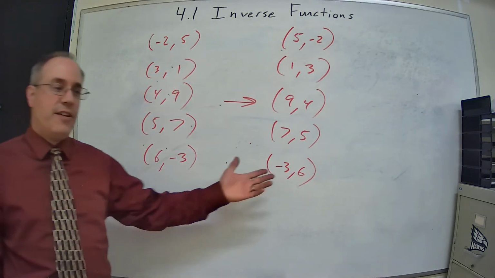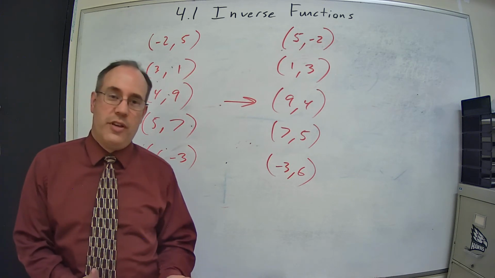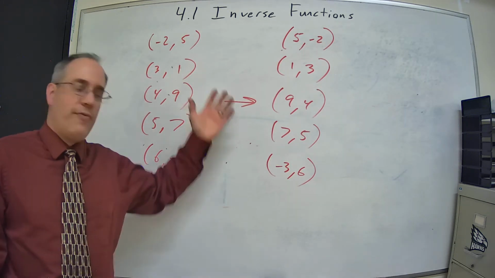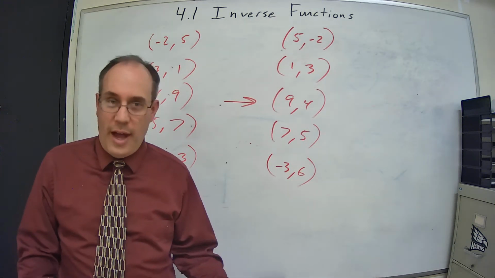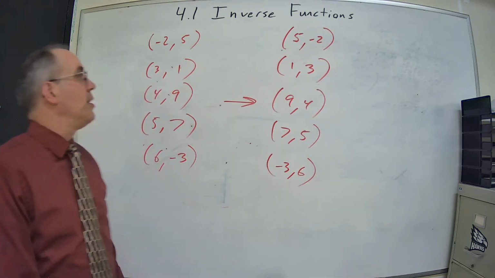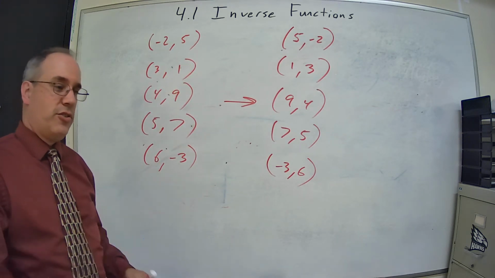And that is the inverse of that function. So we're just swapping x and y values, which makes sense considering how did we find the inverse function? We swapped x and y values, then we solved for y to turn it into a function. But that's really all we need to do to convert a function to its inverse.